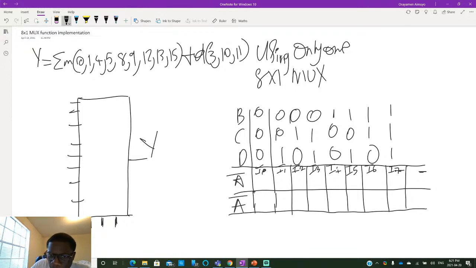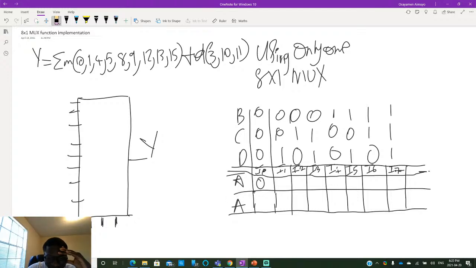Okay, so we have A bar and A. So for all zeros, let's see, does that give us a 1? Yes, so this would be 0. So basically all that we do is write the minterms, quote unquote, for each cell in this table that we have. Oh, I wrote A bar twice.